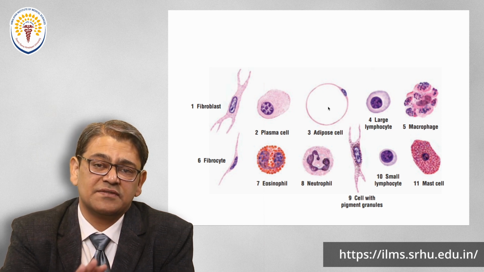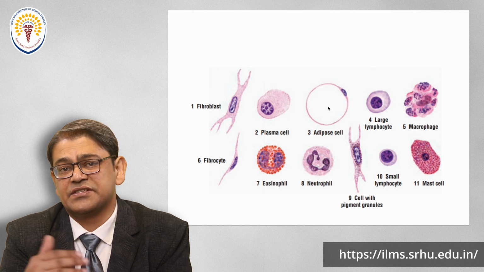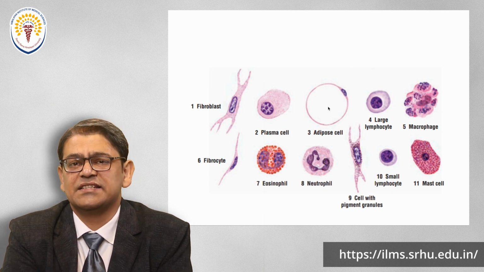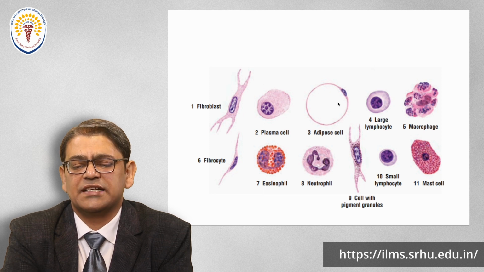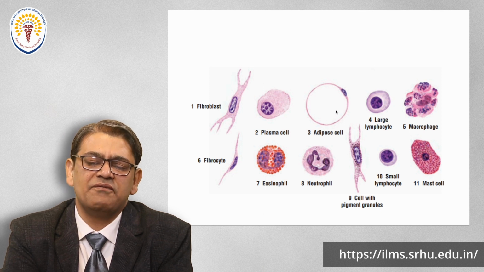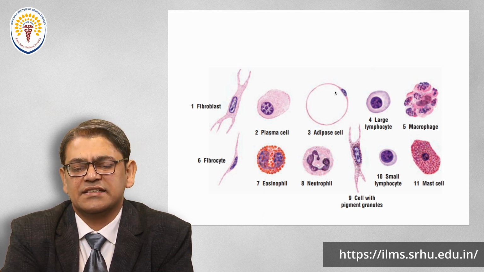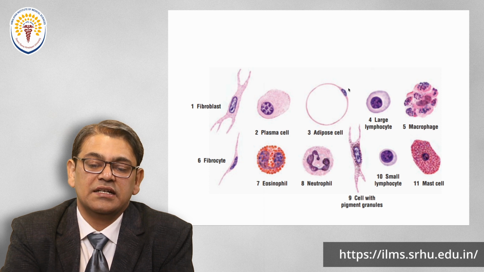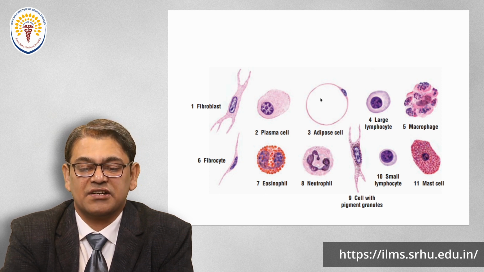If you want to preserve that fat as well, then the technique is different and complex. But in H&E staining, we do not see fat drops inside the adipose cell. In that place, we see an empty vacuole occupying almost everything inside the cell, and the nucleus is just shifted to one side, and that gives the whole cell a ring-shaped structure.